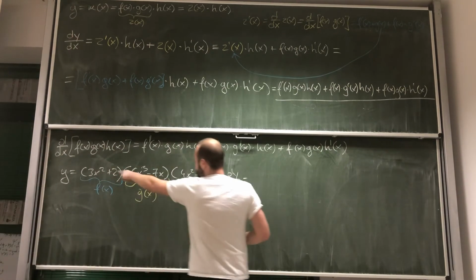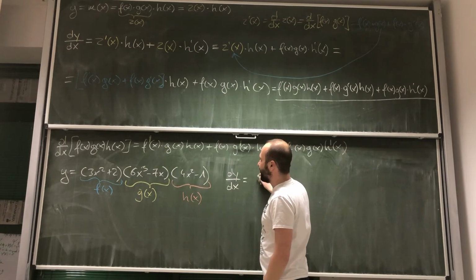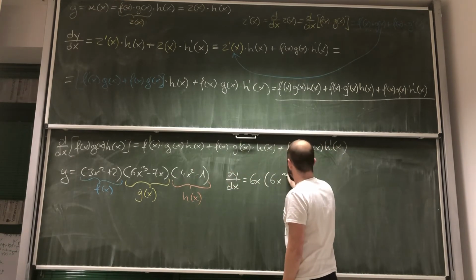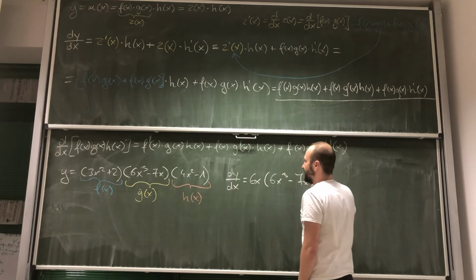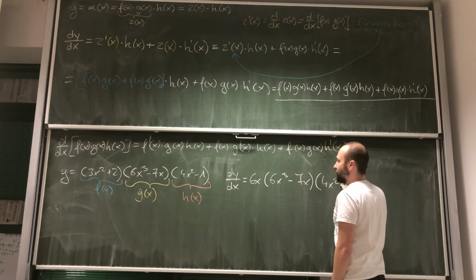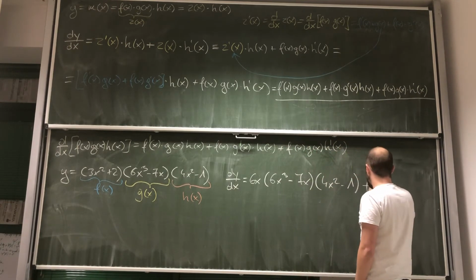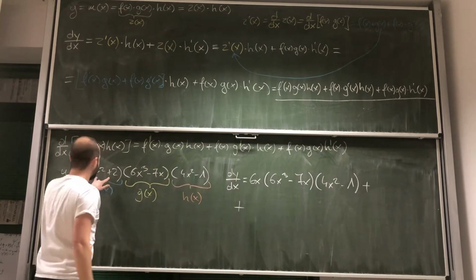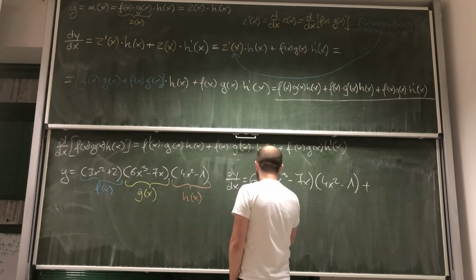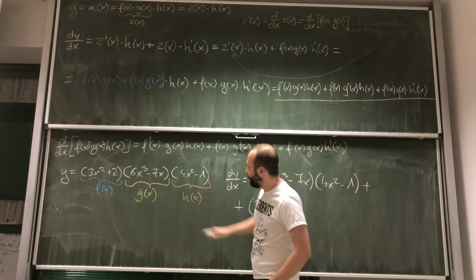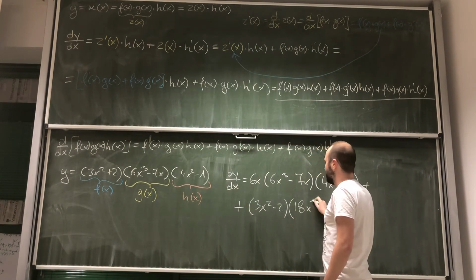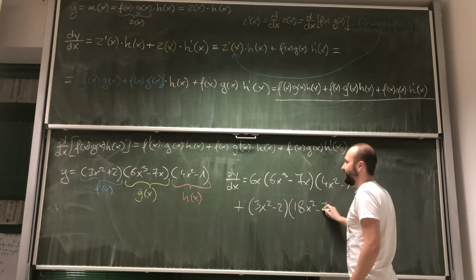So, first, the derivative of the first expression, we get that this is 6x, right, times the latter two expressions, 6x to the power of 3 minus 7x times 4x squared minus 1. Then plus, and now we rewrite the first expression, 3x squared plus 2. We differentiate the second expression, so we get 18x squared minus 7.